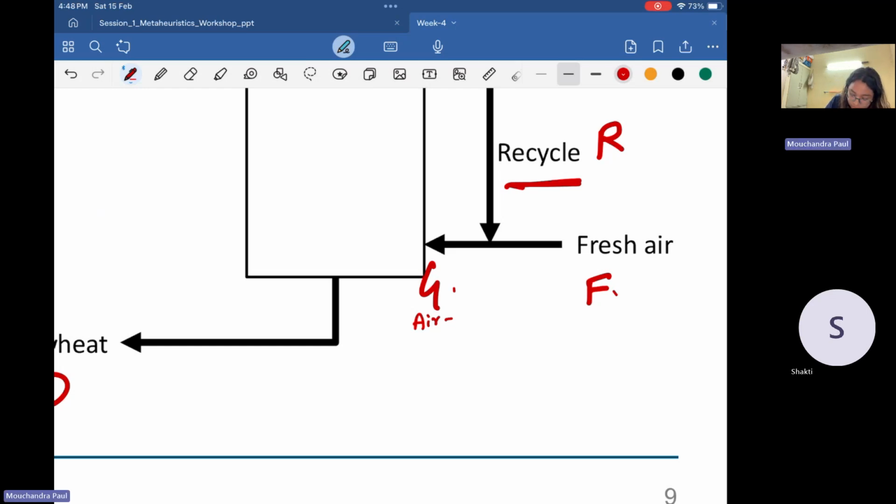For fresh air, there is air and water. We are given mole fractions.